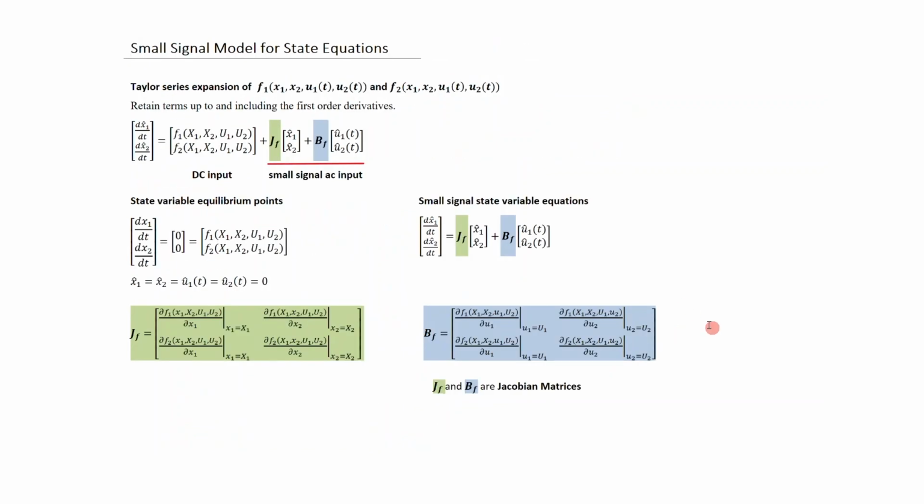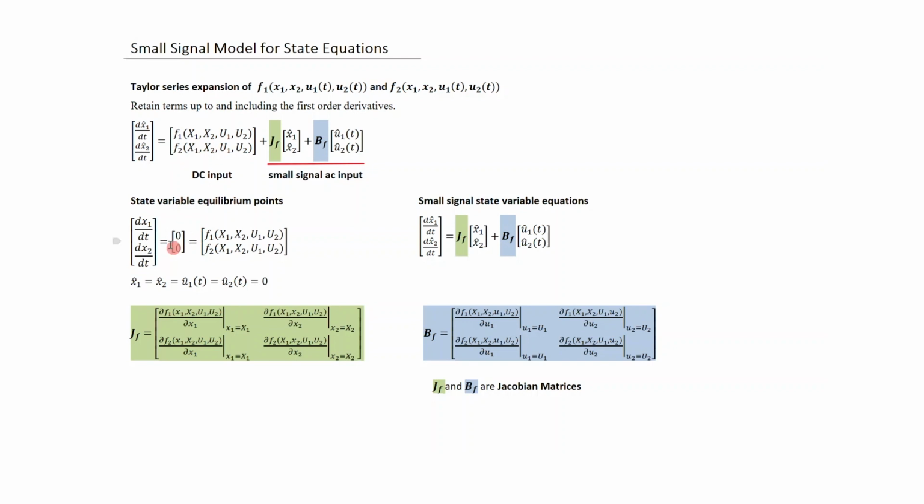All right, so here we now show the small signal model for the state equations. And again, we have this term plus this term, and then the small signal AC input, which is this one here. Now this term is going to be 0. I could have written this as just this is equal to this and said it's 0, but I left it here because it's an extension of what was done on a previous page.